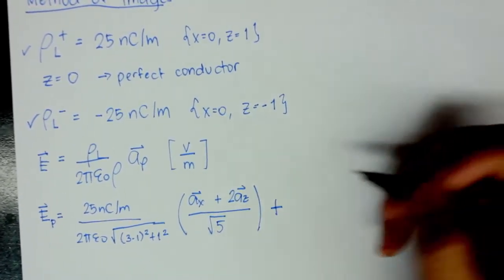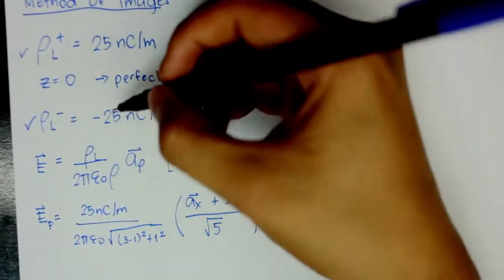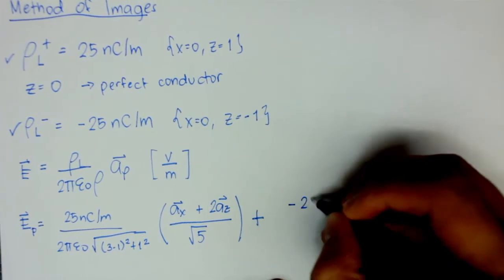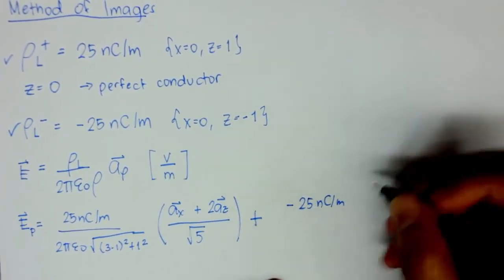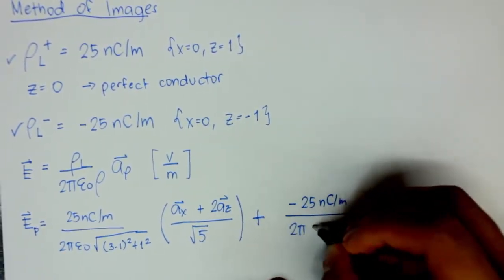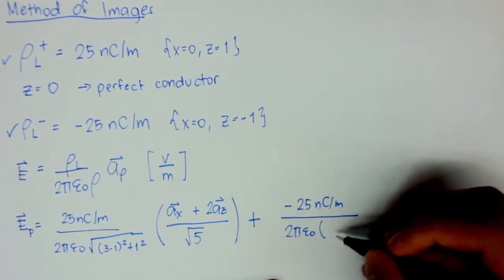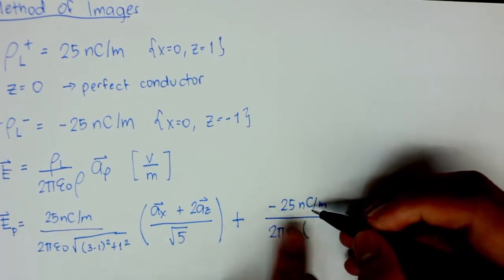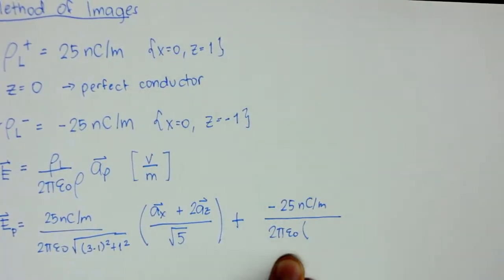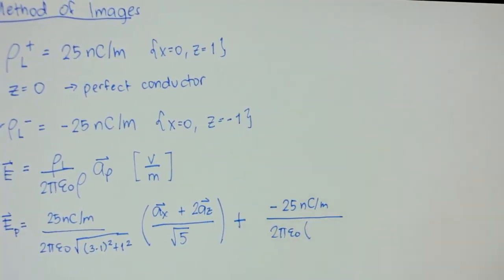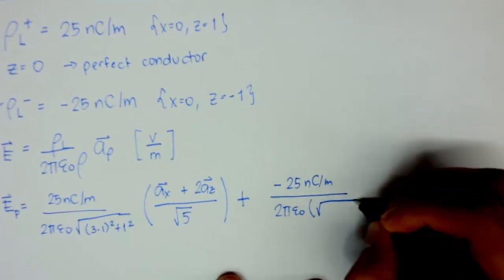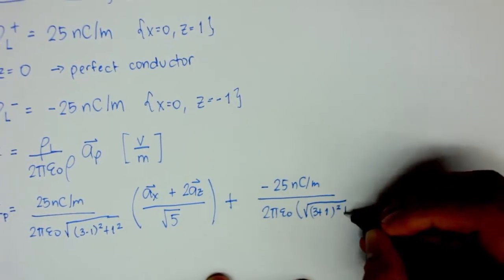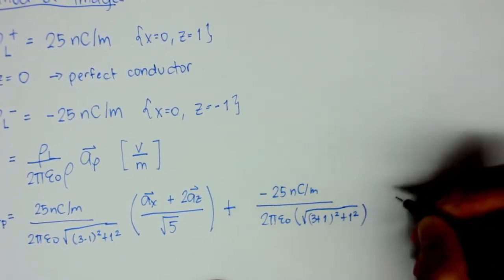Plus the contribution of the negative line charge. Plus negative 25 nanocoulomb per meter over 2 pi epsilon naught, times, since we're at the negative line charge, our rho going to point P. So still, that's 3 plus 1 squared plus 1 squared.